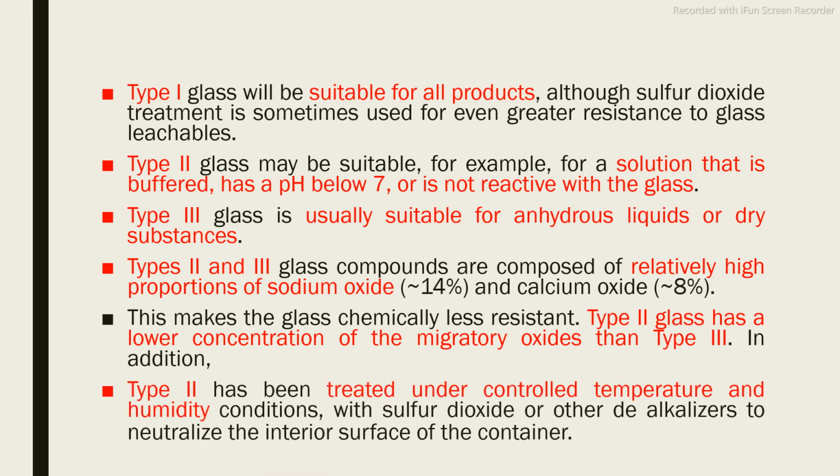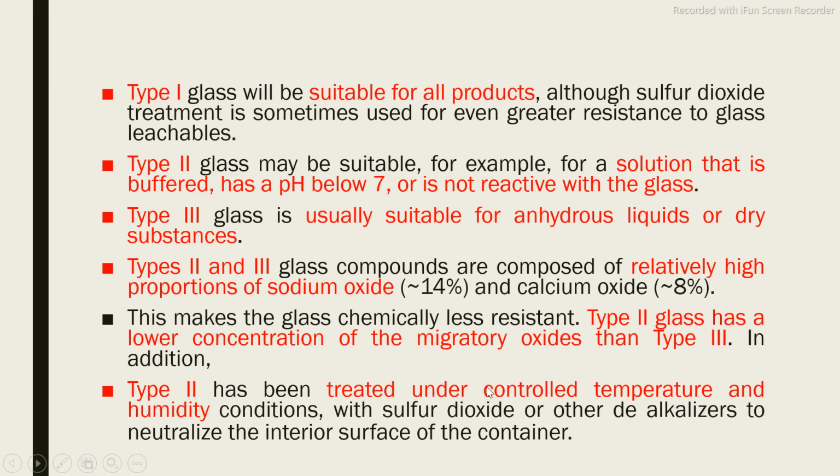Type 2 has been treated under controlled temperature and humidity with sulfur oxide and other dealkalizers to neutralize the interior surface of the container. So as we are discussing the chemical treatment of the type 2 glass, here is the explanation of how the chemical treatment is given.